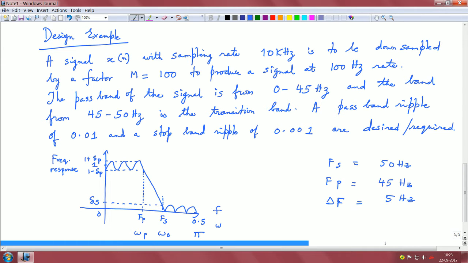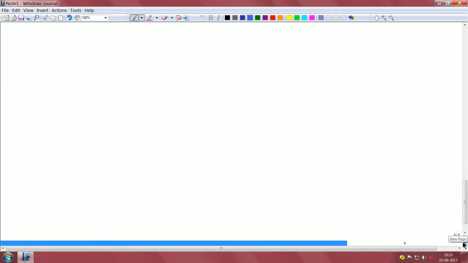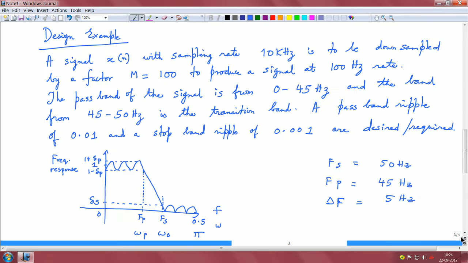Now we have to get the filter order for this problem, and for this we invoke this formula: n equals 1 plus d infinity of delta p comma delta s, and I think I have to mention the other two parameters as well here.